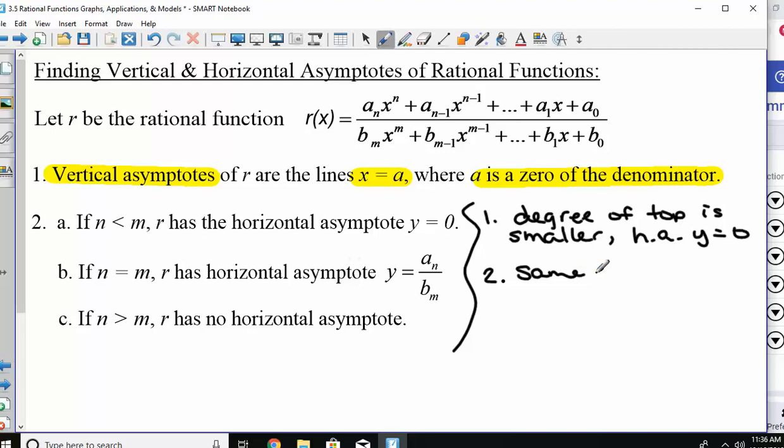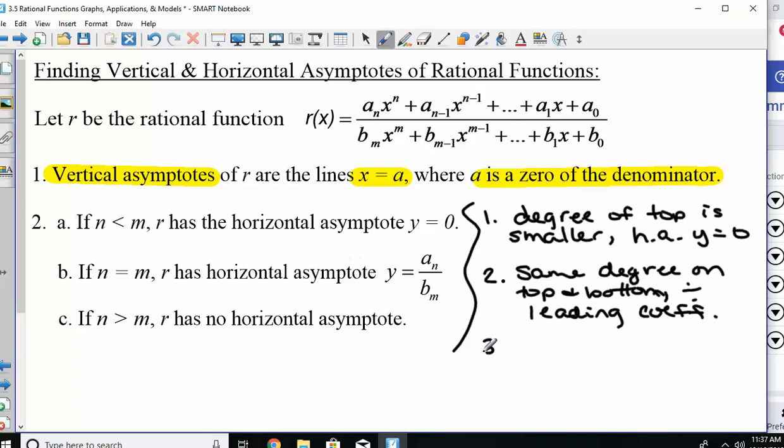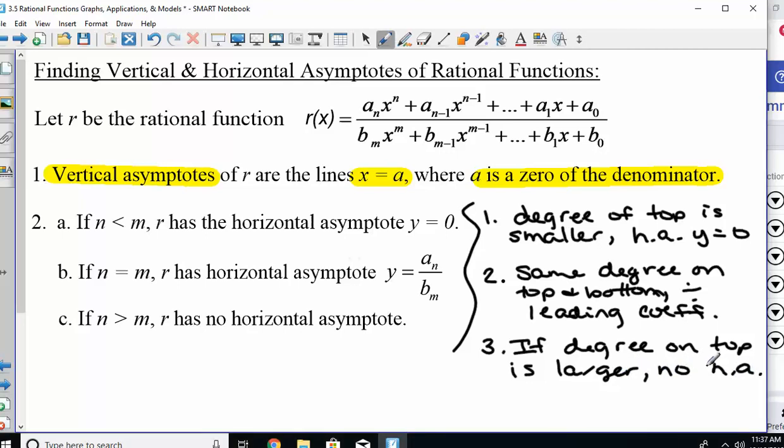If you have the same degree on top and bottom, you need to divide the leading coefficients. And if the degree on top is larger, there is no horizontal asymptote.